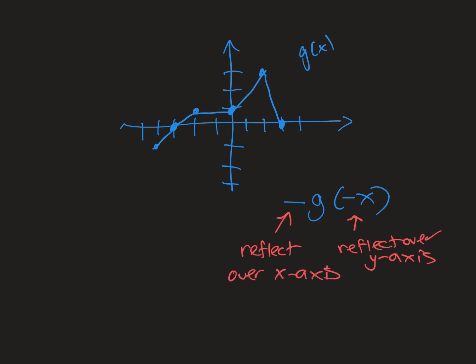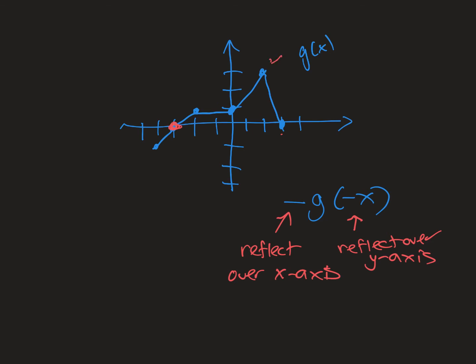Okay, and in something like this, it may be easiest to go point by point. So if I take this first point here, which is at 3, 0, this first point to the right, the domain transformation brings the point to -3, and then the y value, -0, is still 0. So that point will come over here.